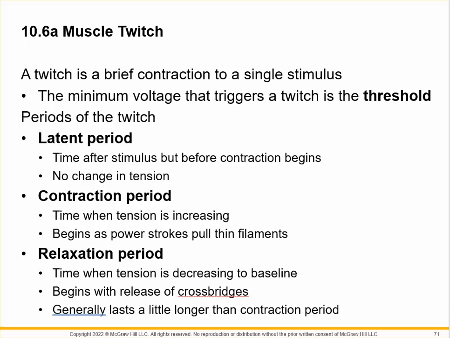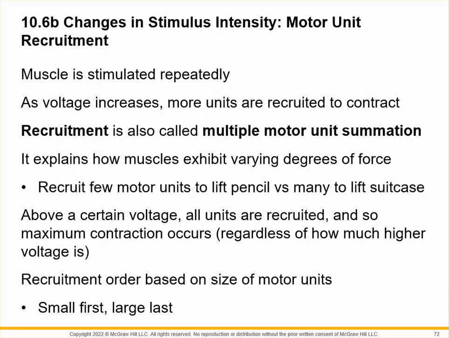It's the minimum. So it's the time between the stimulus but before contraction. So no contraction happens during it. Then we have the time of building contraction and then the relaxation.